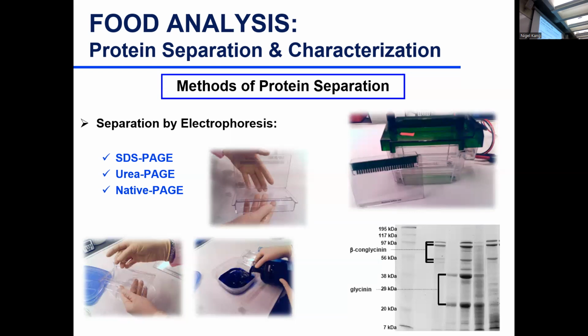And then to visualize the protein bands, you need a staining solution with Coomassie blue or whatever, and then release this gel into your solution. It shouldn't be dry. You cannot keep it in nothing.